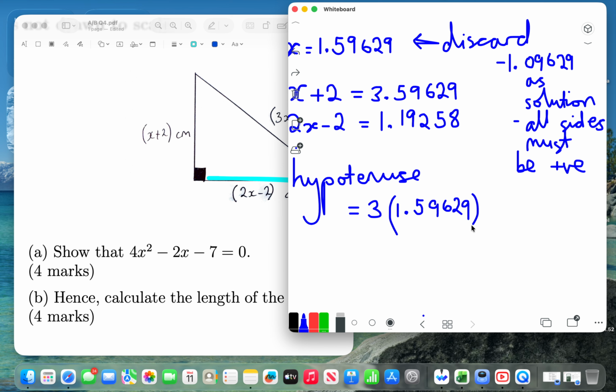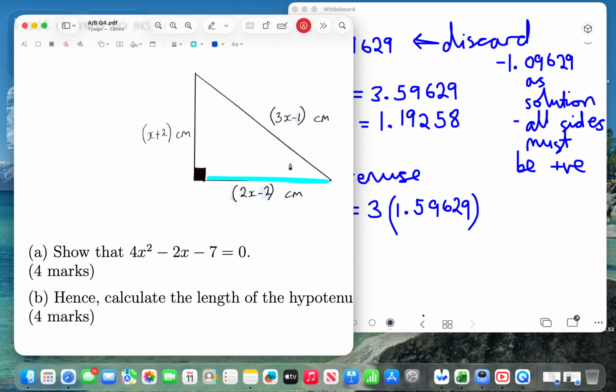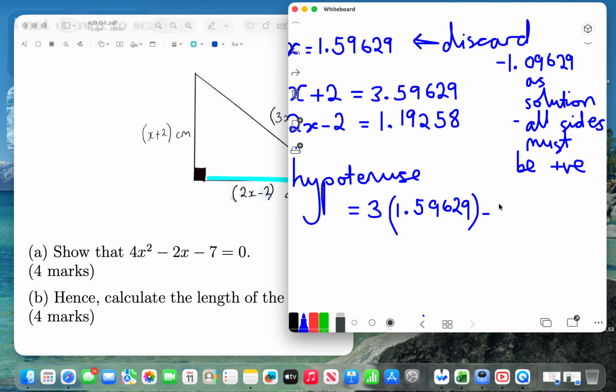We have to substitute this value of x into 3x minus 1 to get the hypotenuse. And a sanity check is that this should be bigger than 3.59629 and bigger than 1.19258. So you want to check that. We get 3.78887.